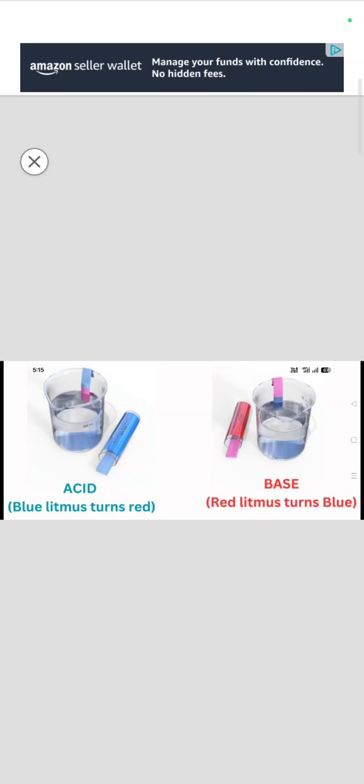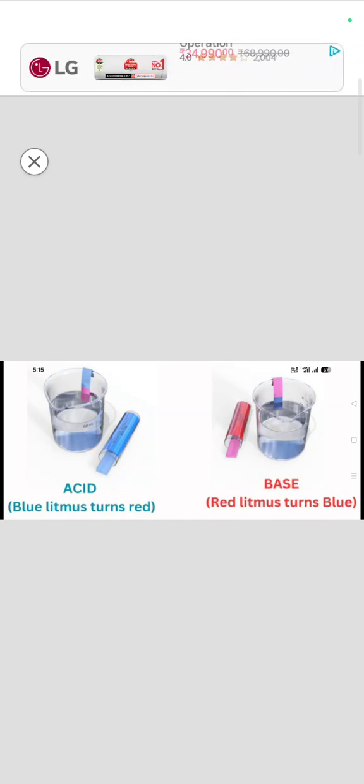Like that, when the red litmus paper is put in the basic solution, it changes its color to blue. So from this we know that base changes red litmus to blue. Simple. Acid turns blue litmus to red and base turns red litmus to blue.